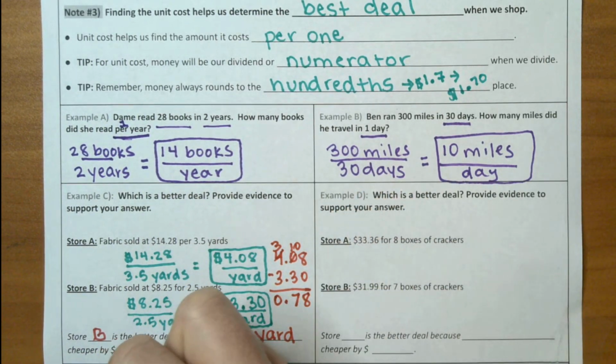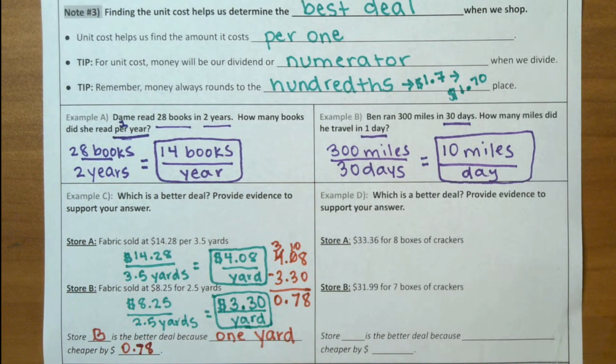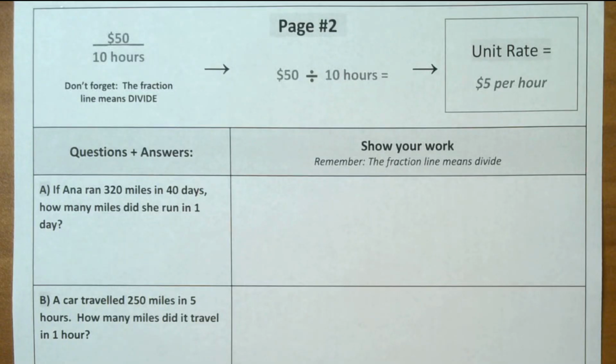So it is cheaper by 78 cents. Pause the video, complete example D on your own, then come back to the video when you're ready for page number 2. All right, on page number 2, I'll complete problem A with you and then have you complete the rest of the page on your own.